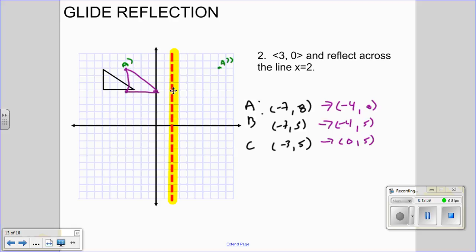And the same thing for B double prime, also 6 units away. And C happens to be 2 units from the x equals 2 line, so C double prime will also be 2 units away. So here would be the final image.